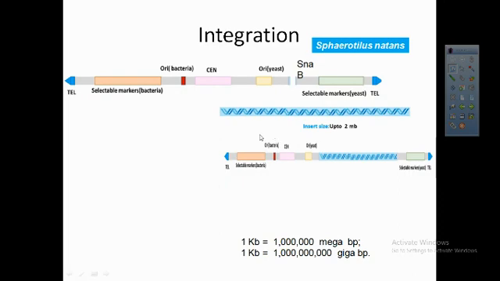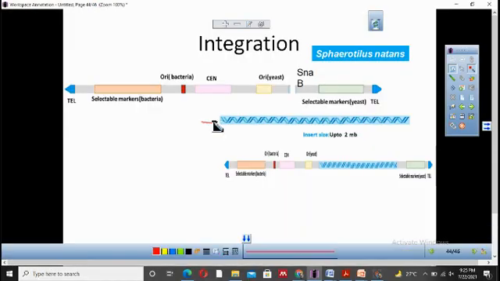So how does the DNA get inserted into the linear vector? For that very purpose, this has been obtained from the genomic DNA.